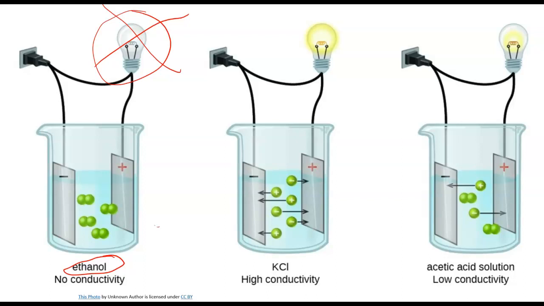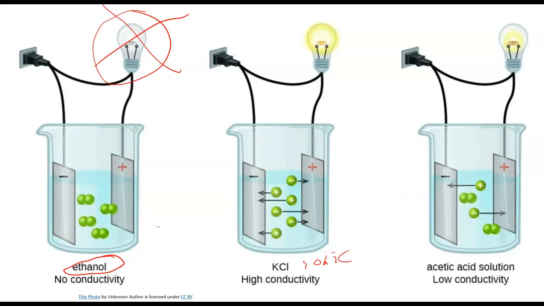KCl here is an ionic compound. Ionic compounds are made of ions. It can break into ions when it dissolves into water. And so you can see that there are these negative ions and positive ions that allow for the electricity to flow through the water.